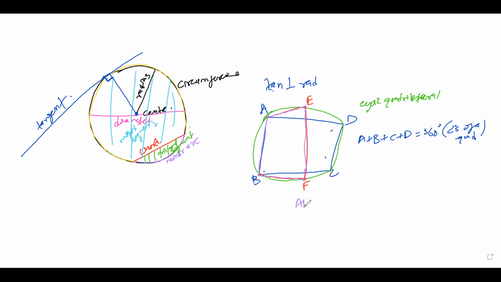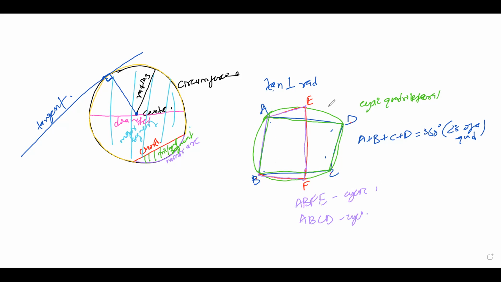That means this ABFE, it's a cyclic quad. And then also ABCD, it's a cyclic quad because the four corners of that lie on the circle. Okay, so you can take out a four-sided shape, then that will be a cyclic quad.